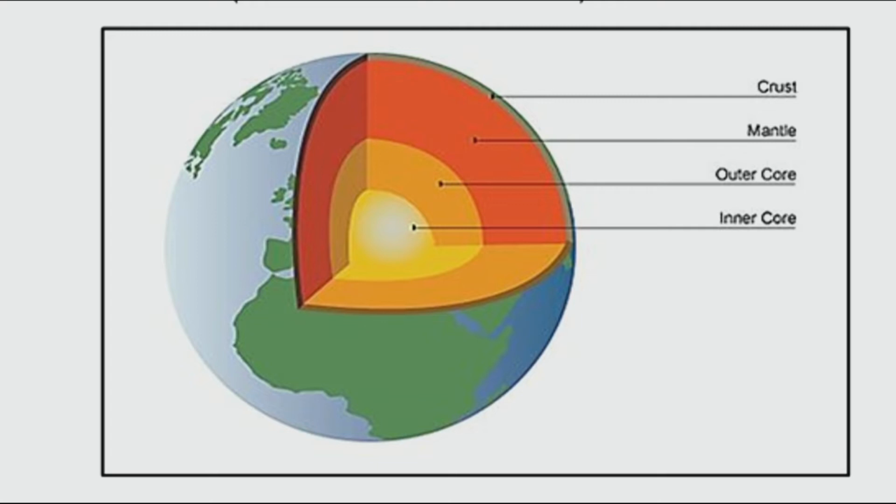And inside there we have two colors. One is a bit bright and the other one is pale yellow. The first one is the outer core. And then at the center where we have the bright color shining there, that is the inner core. So in short, this is how the Earth looks like, and these are the main parts of the Earth.